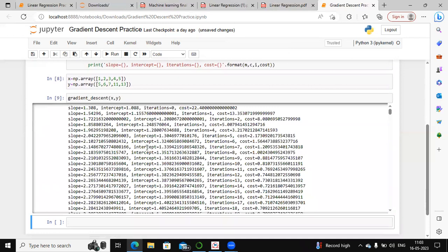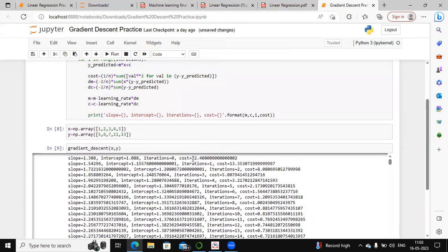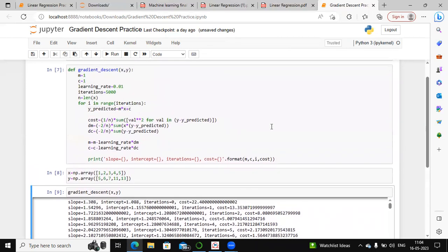You can see now, in the first iteration our cost function comes out to be 22.4. It is huge; it should be close to zero. Our slope comes out to be 1.3 and intercept is 1.088 in the zeroth iteration, for which we have given default values of m and c.